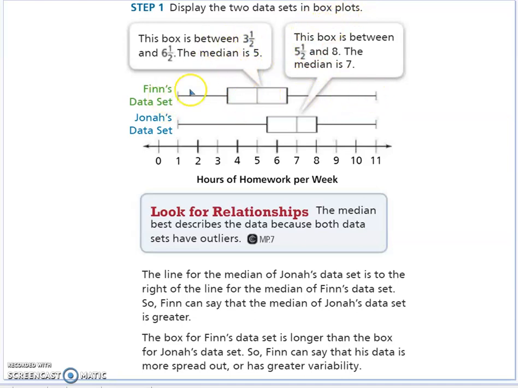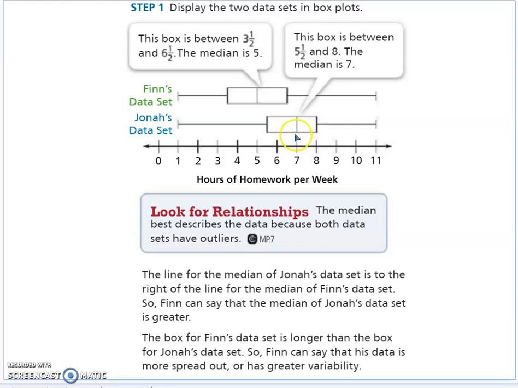This is Finn's data set. This is Jonah's data set. What we notice, the very first thing we see, is that the median of Finn's set is less than the median of Jonah's set. So that means the middle number in Finn's set is less time than in Jonah's set.